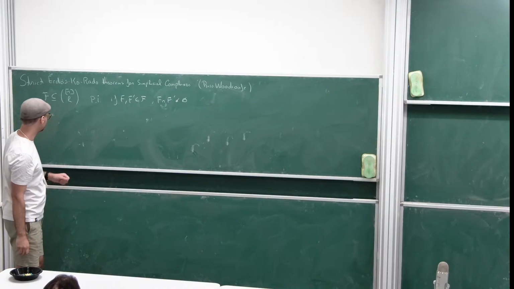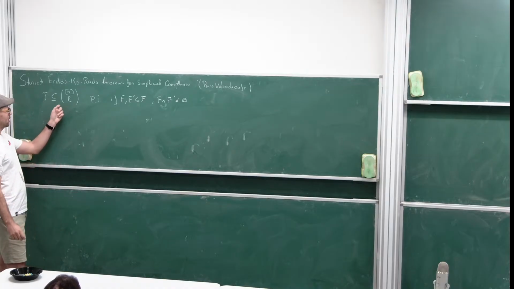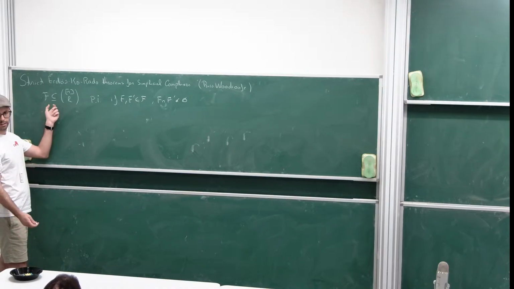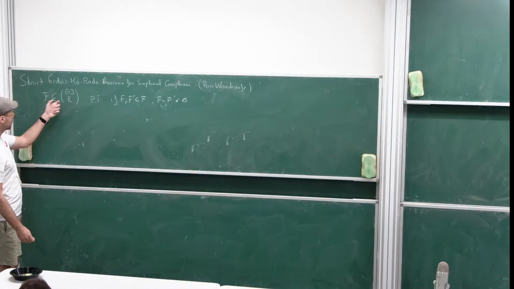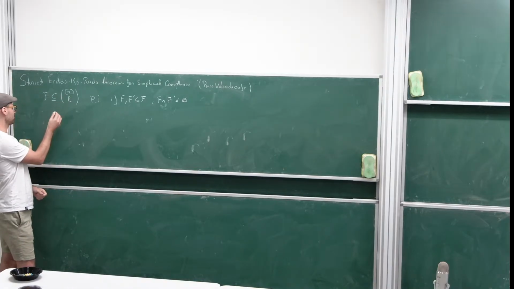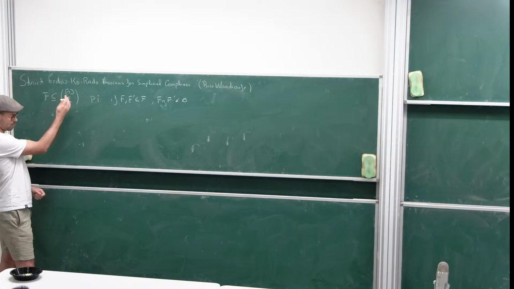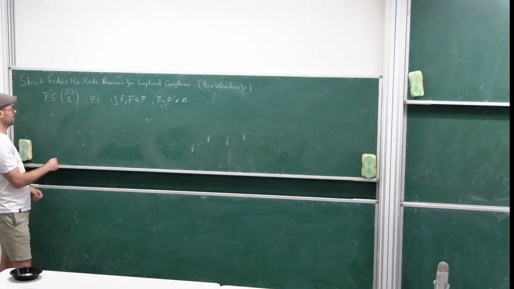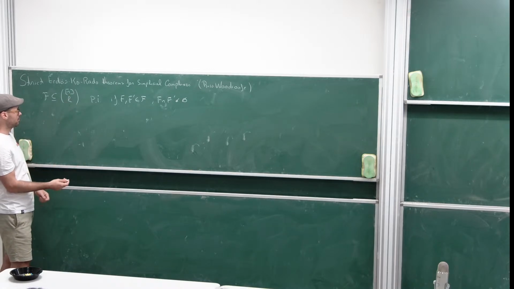There was a question in the 60s: how large can this be? Well, you need to choose a certain range for the parameters. If k is larger than n/2, then you can take just the whole family.